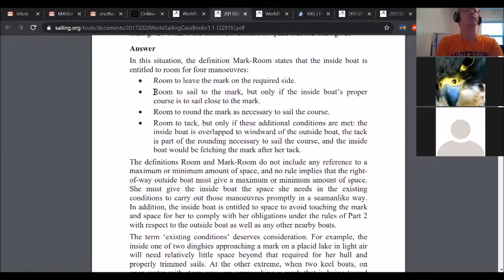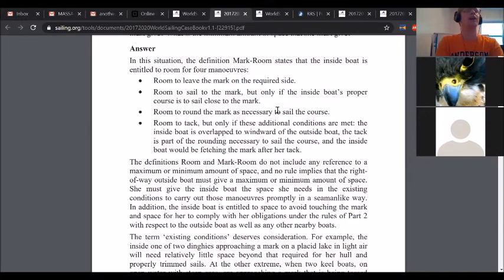We have room to sail to the mark if the inside boat's proper course is to sail close to the mark. So again, the terminology gets a little confusing, but sometimes there are marks we're not rounding. Maybe it's a finish mark that we need to get to, but we're not spinning around it and going back upwind.